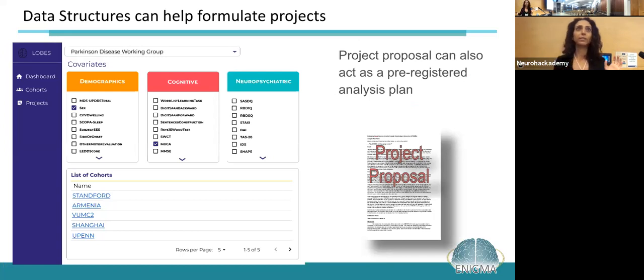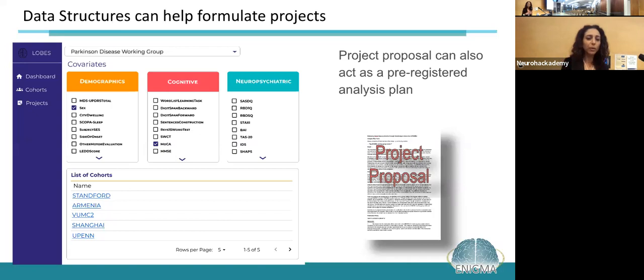Let's say you have 20 different studies all studying Parkinson's involved in this consortium, but each group might have been interested in some different aspect of Parkinson's. Some groups might have been interested in cognitive impairment in Parkinson's. Other groups might have been interested in sleep disturbances in Parkinson's. But now they're all coming together to look at neuroimaging differences within Parkinson's.